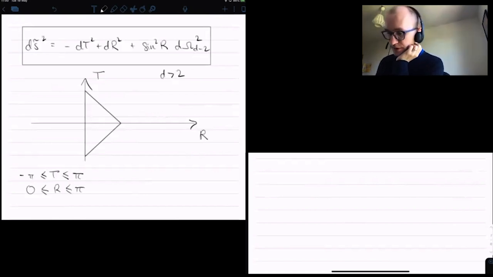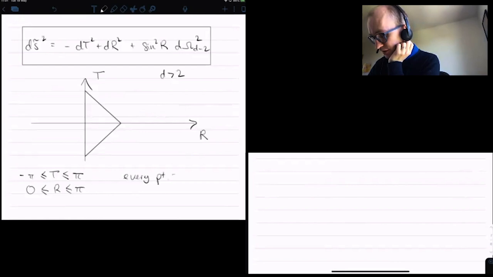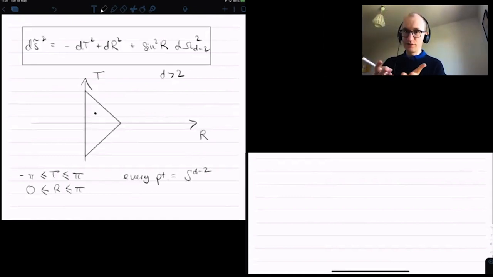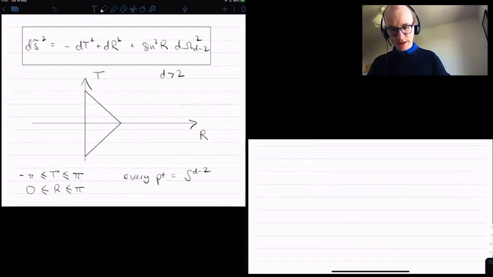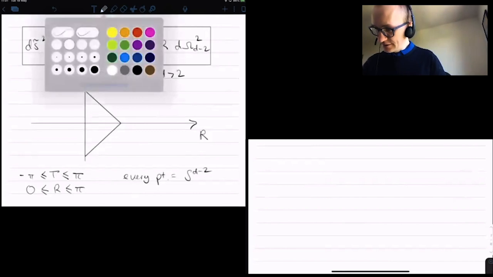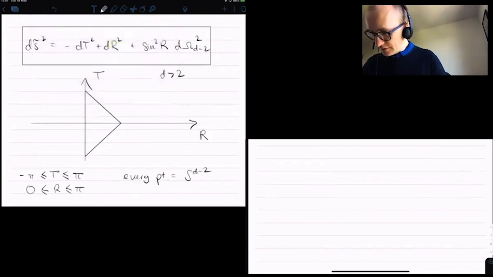And so what we have is basically we suppress the angles here, right? So every point on this diagram is really a d-2 sphere on top. So if I had a point here, this would be some point in the t-r plane, and there would be a sphere of size sine squared r on top of it. So now what we can do is draw slices of constant r. The r equal to 0 slice is the one here.